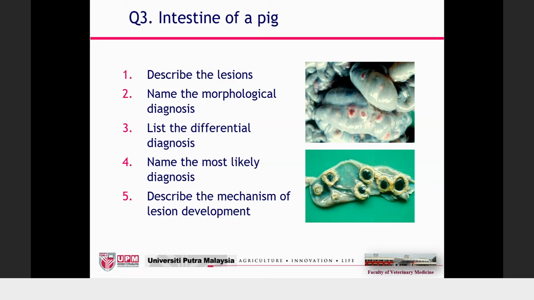Differential diagnosis is more of what types of diseases might appear that can cause the same lesion. And when you are normally asked for the most likely diagnosis, you have to be very clear, make sure that you know what they are. Because when you are asked for a most likely diagnosis, it means that the lesion almost belongs to that type of disease.